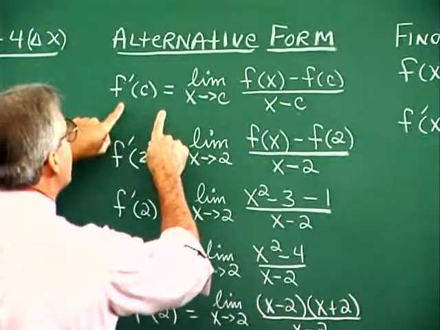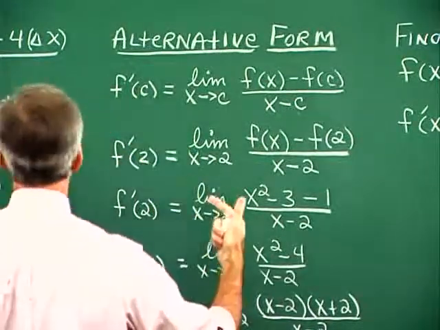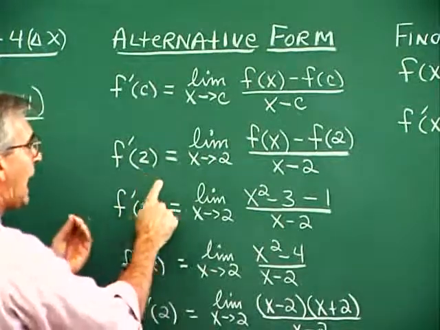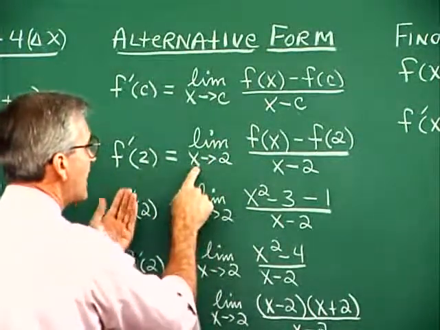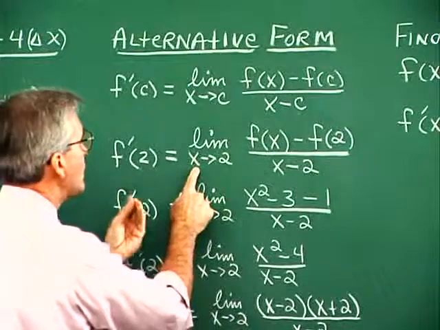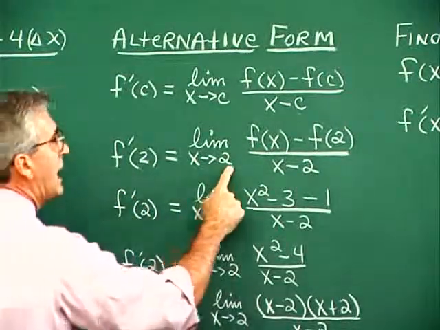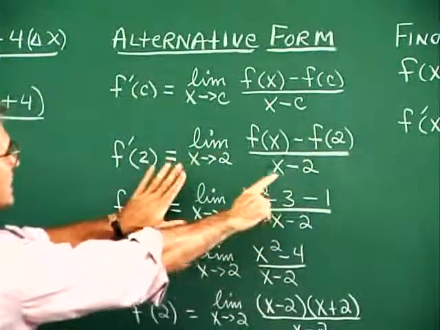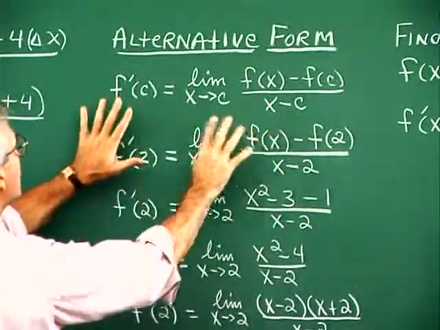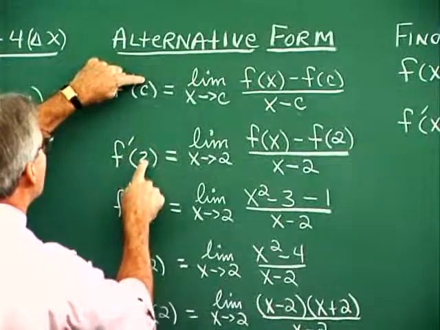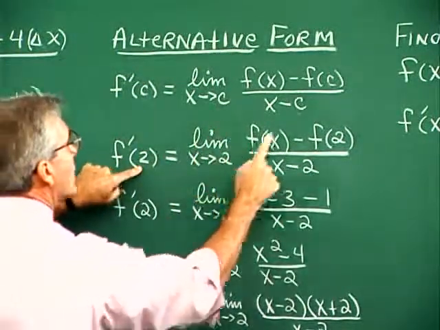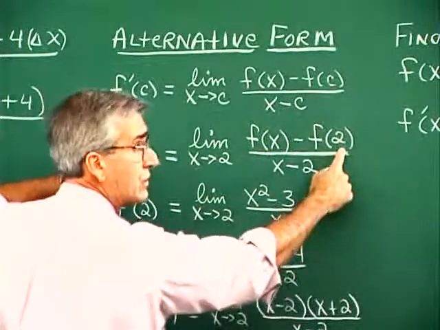We're trying to find f prime at the point 2, 1, so the c value is 2. And our x's, we want the limit as the x values in our function approach 2. And this is f of x then minus f of 2. Now, notice that in replacing c with 2 here, all of the c's that made an appearance over here in the form are replaced with 2's.